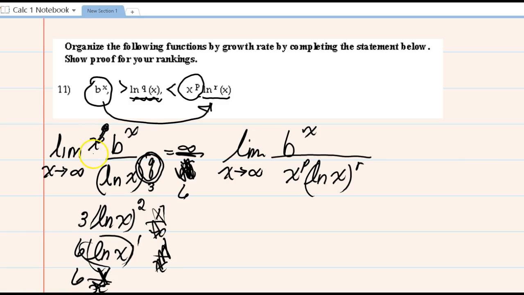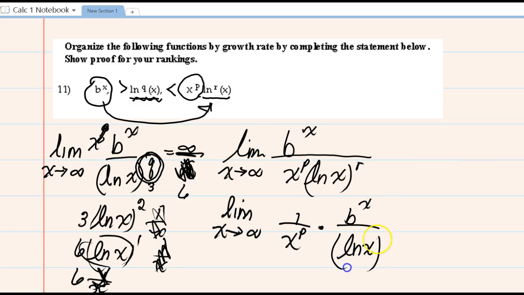Again, we can see that this is the limit as x goes to infinity of 1 over x to the p times b to the x over the natural log of x to the r. And we already know what's going to happen here, because it's the same thing as what we just finished discussing in the first limit.